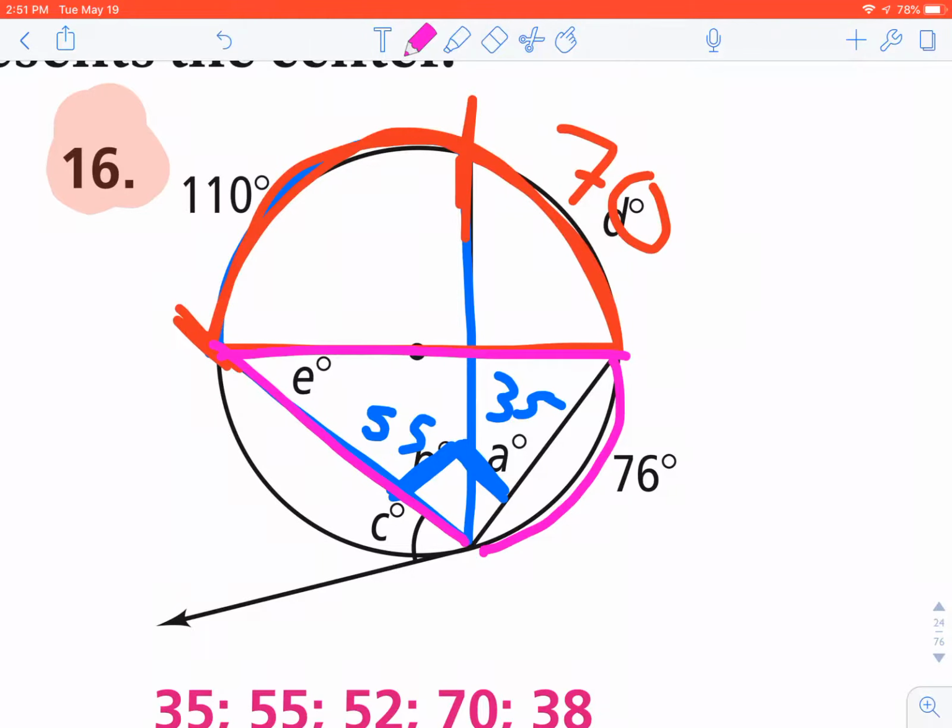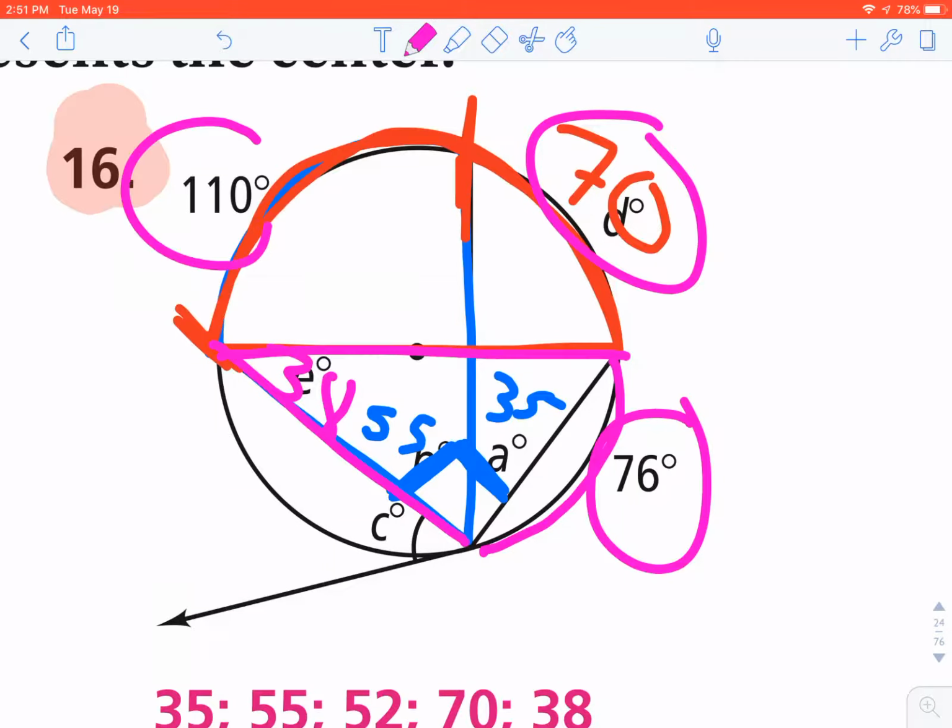So take half of 76, and angle E is 38 degrees. And then lastly, to find angle C, again, there's 360 degrees around an entire circle. Subtract from it this, this, and this, and that leaves you with 104. So this arc is 104 degrees, and then take half of that to get C as 52.